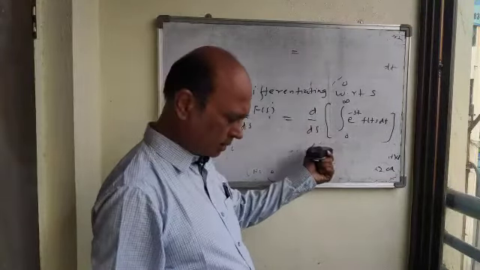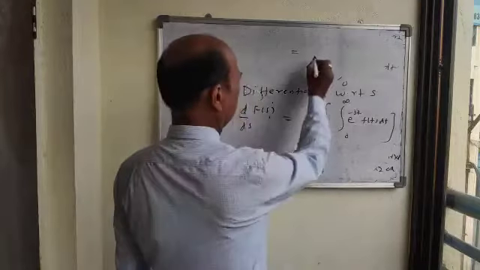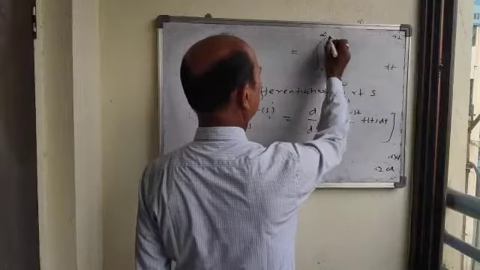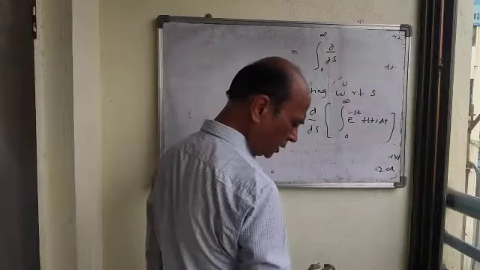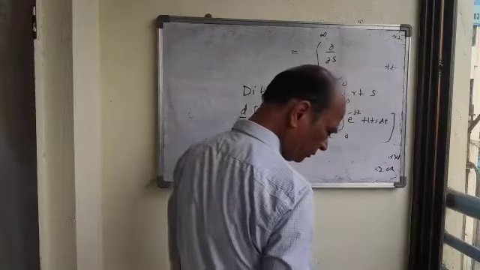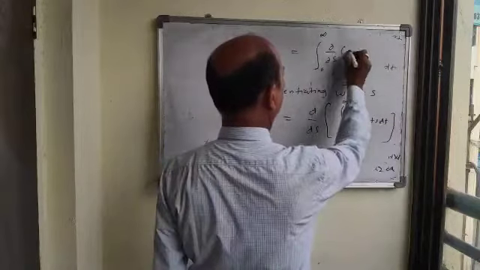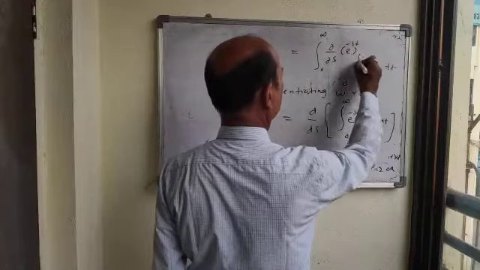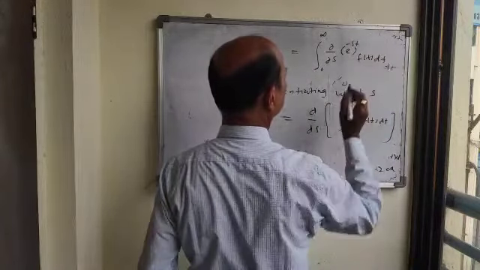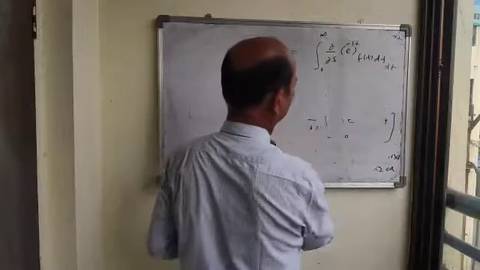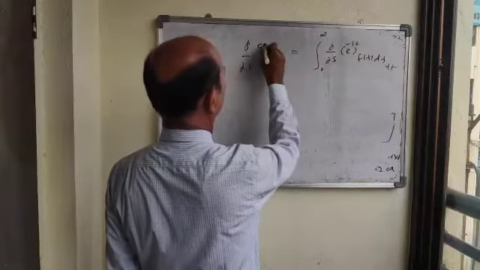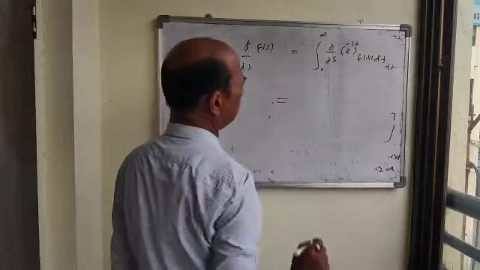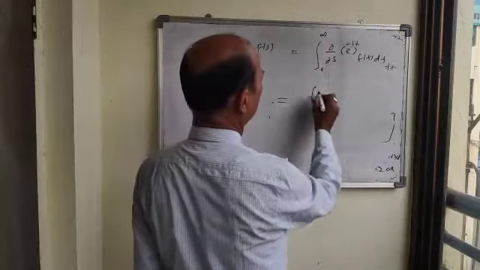Here there is a rule by which this is equal to the integration from 0 to infinity of the partial derivative, ∂/∂s, of e to the power minus st f of t dt. Left side as it is, that is d/ds of F of s, which is equal to the integration from 0 to infinity.